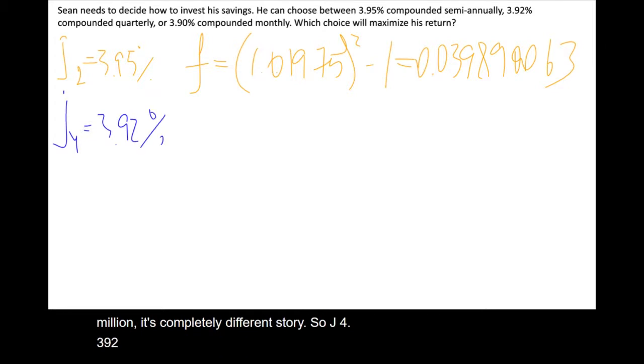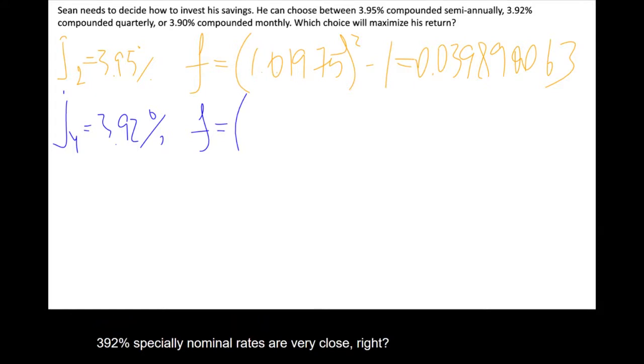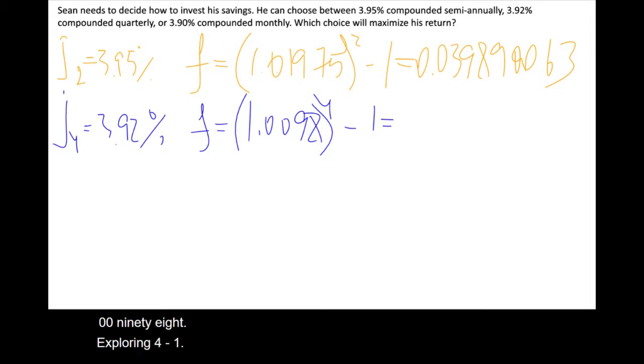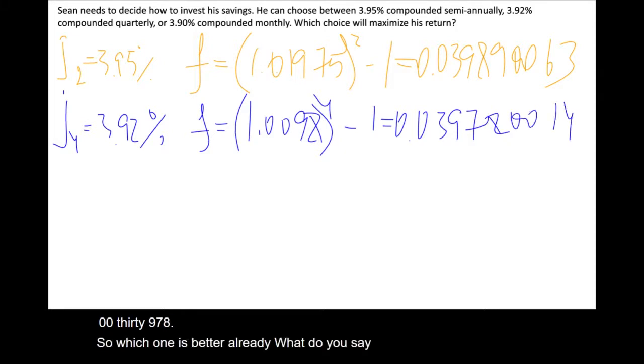So J4, 3.92%, especially nominal rates are very close, right? So 0.0098, to the power 4, minus 1, 0.03978. So which one is better already? What do you say, guys?